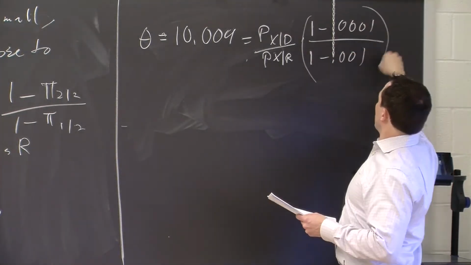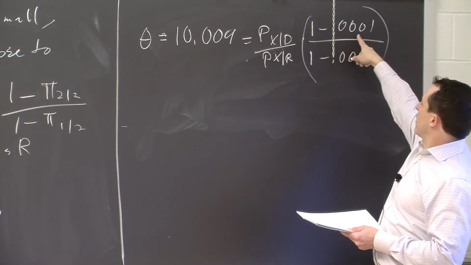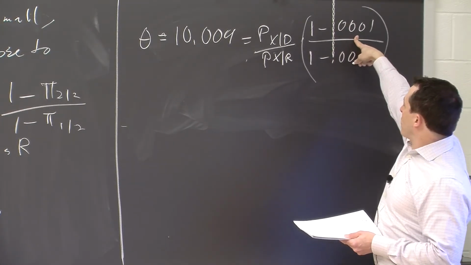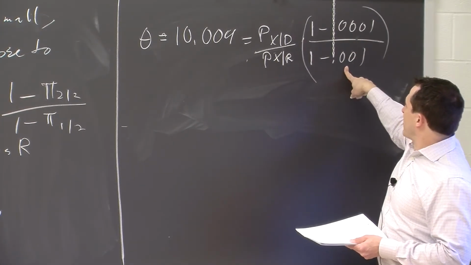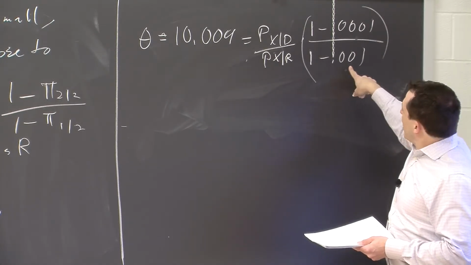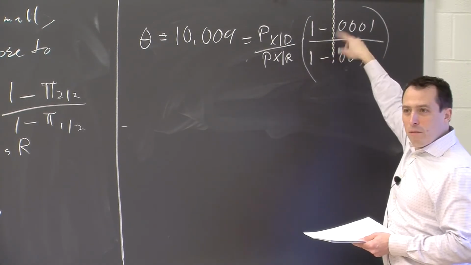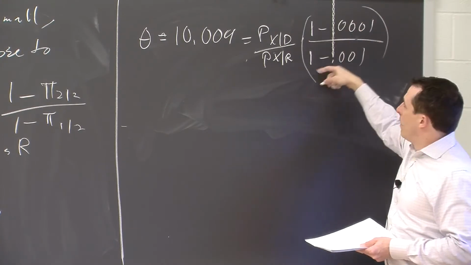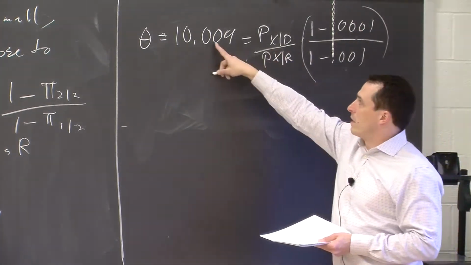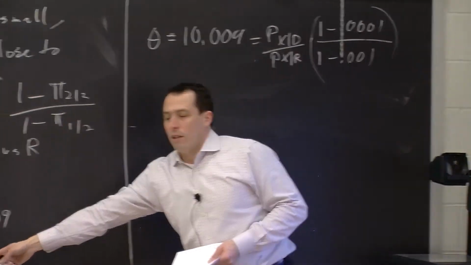So this thing, 1 minus the chance of dying when responsible, 1 minus the chance of dying when drunken, that ratio is close to 1 because these numbers are very small, so they don't change the relative risk very much. And this number, the odds ratio, is very close to the relative risk.